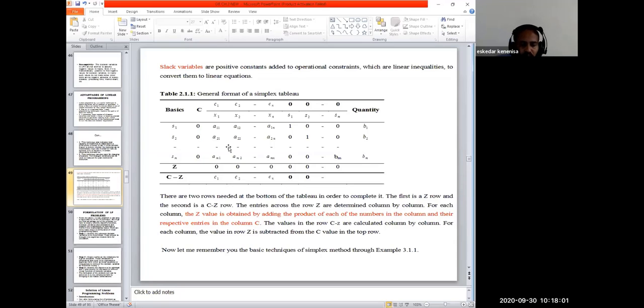What are the assumptions of linear programming? Continuity, certainty, good. Non-negativity, good.